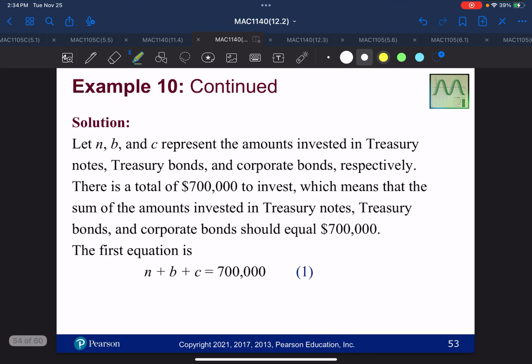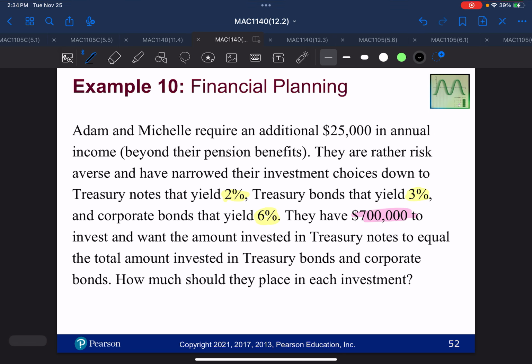They require an additional $25,000 in income. They want the amount that they gain from the treasury note, the treasury bond, and the corporate bond to add up to that $25,000 that they require for an additional income.